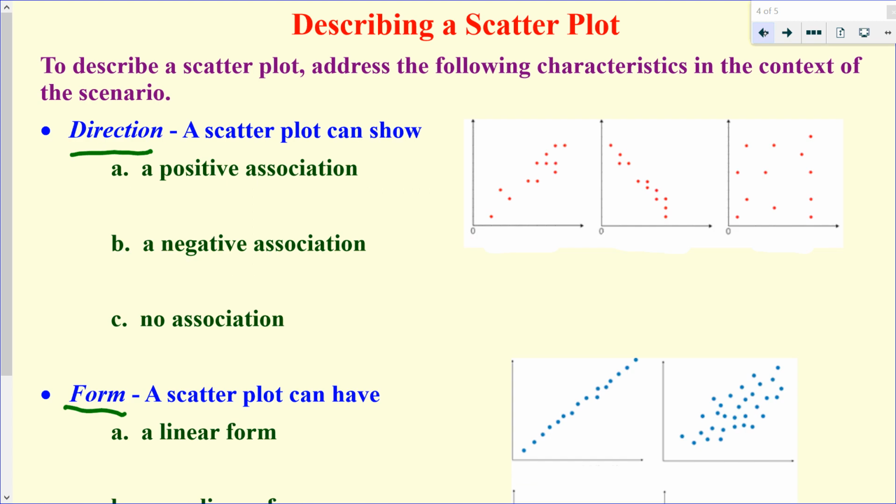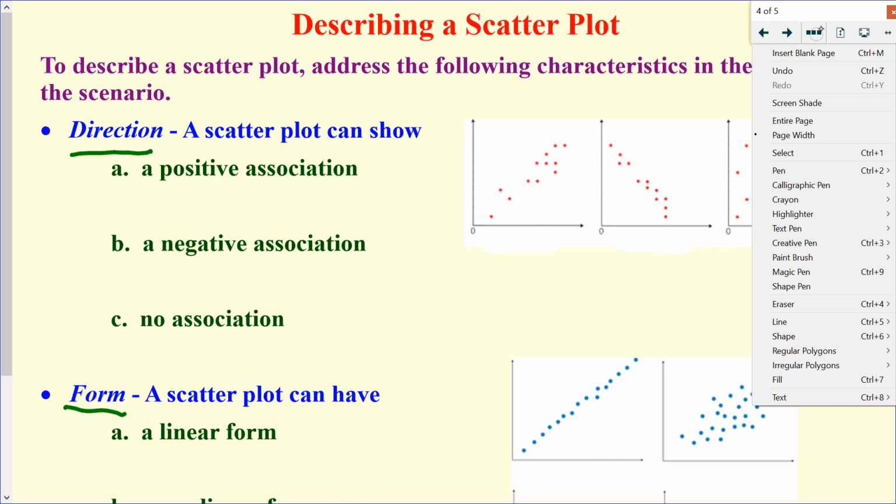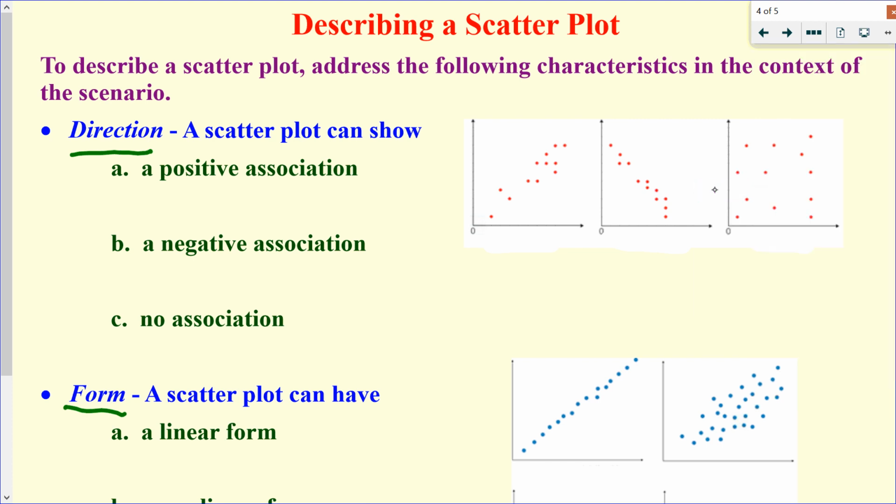A scatter plot can show direction as either positive association, negative association, or no association. In a positive association, as x increases, positive says as x increases, y increases.